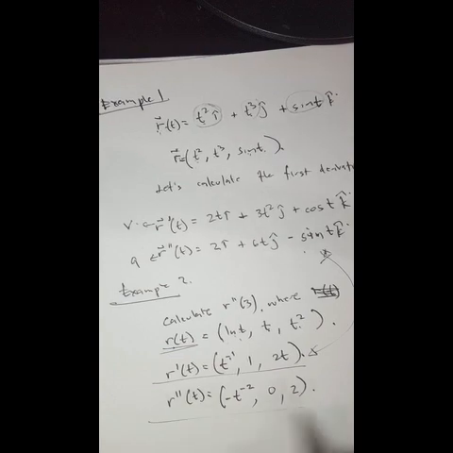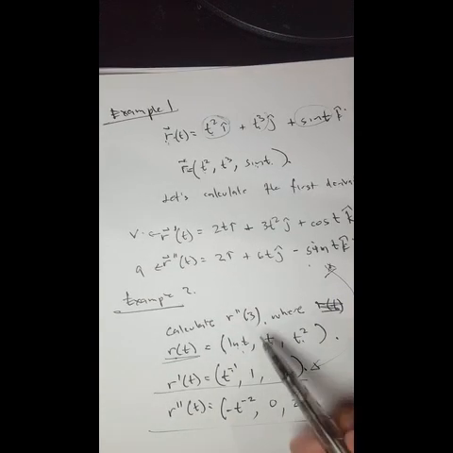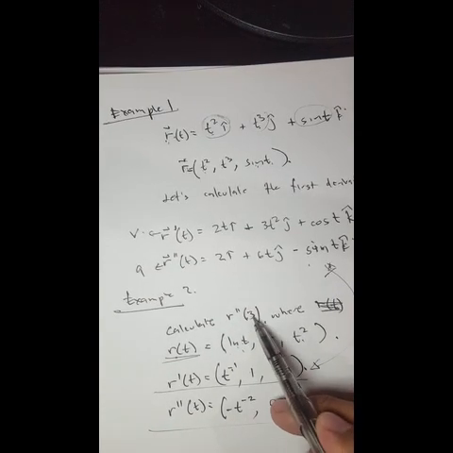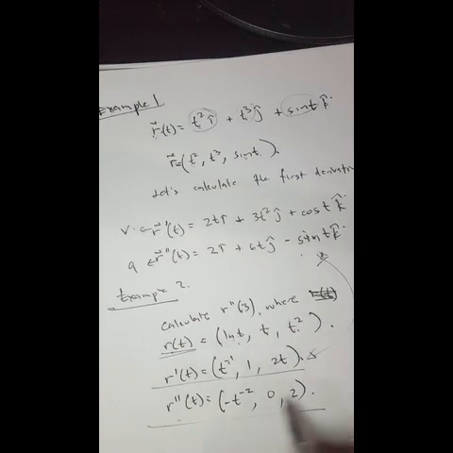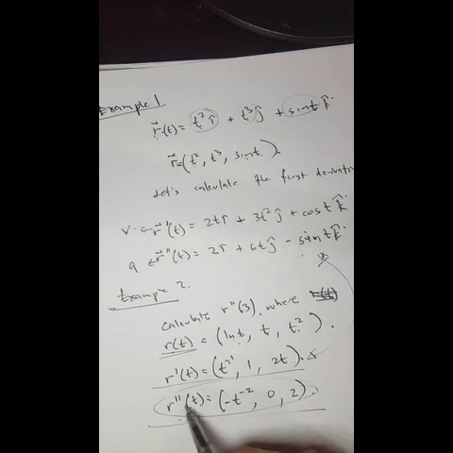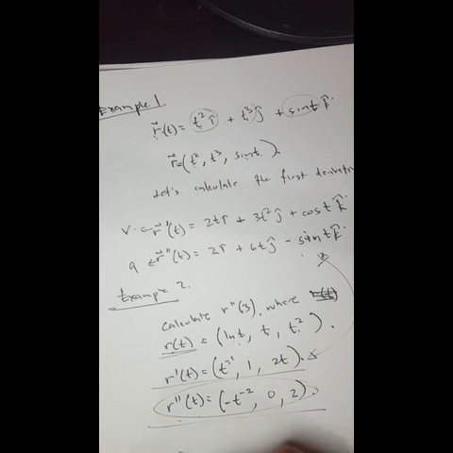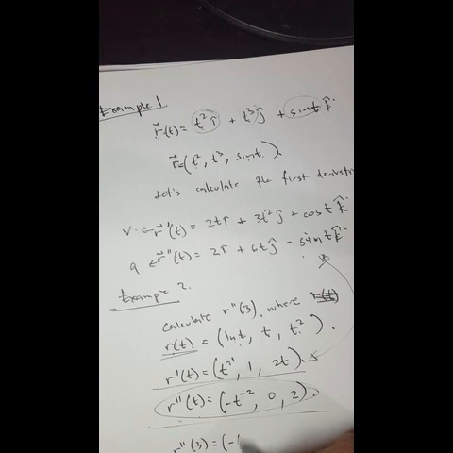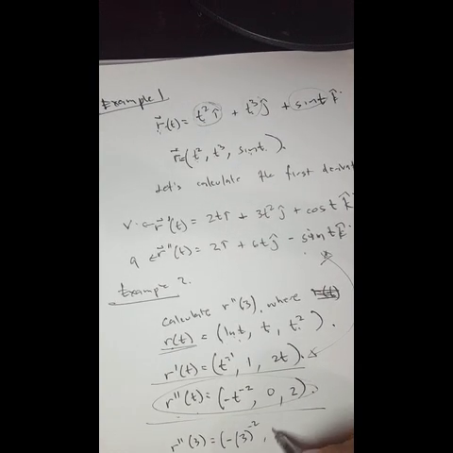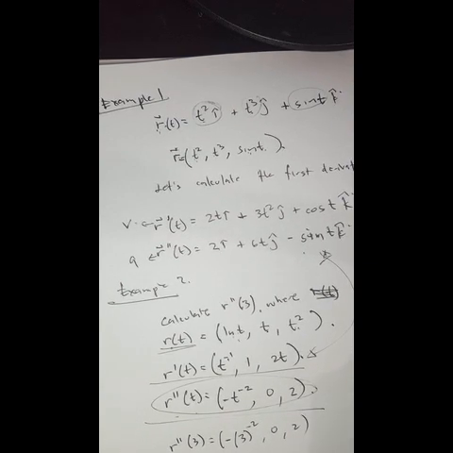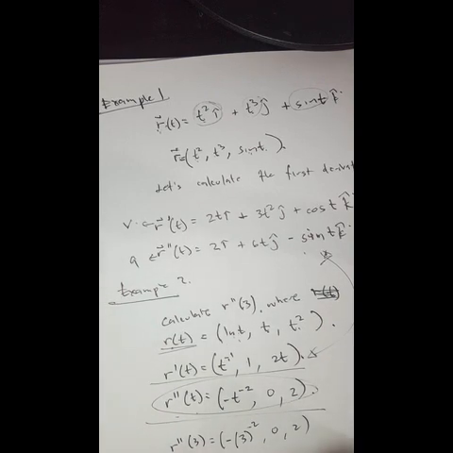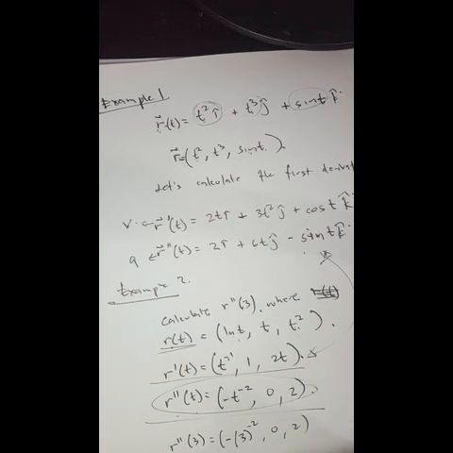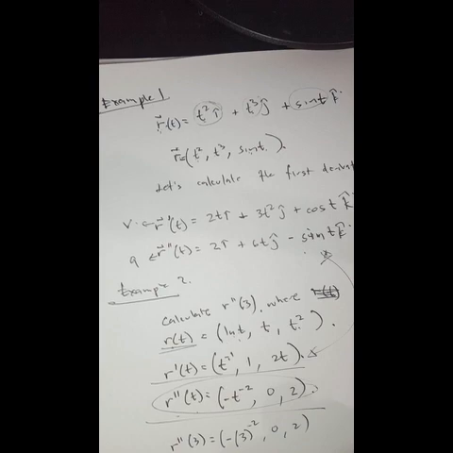This is it actually, but we are asked to evaluate at time t equal to 3. So in this equation, let's substitute all the t with 3. So r double prime of 3 is equal to negative 3 to the negative 2, 0, 2. Basically it's just negative 1 over 9, 0, 2.